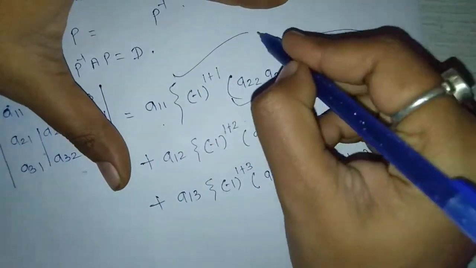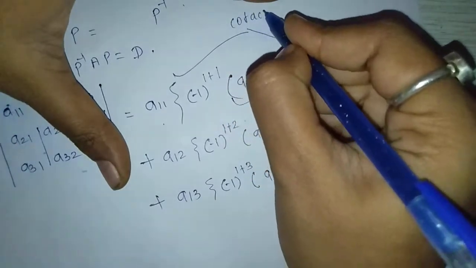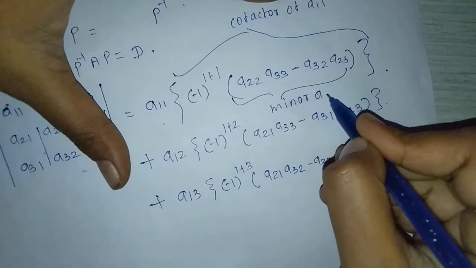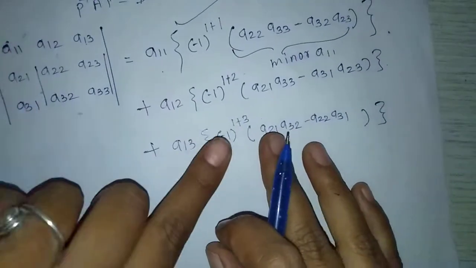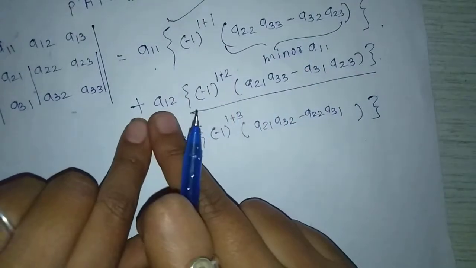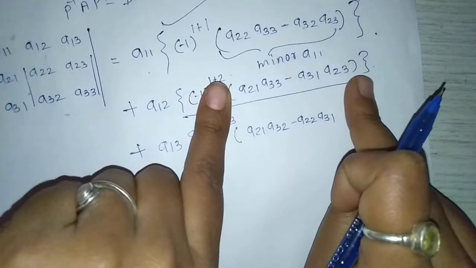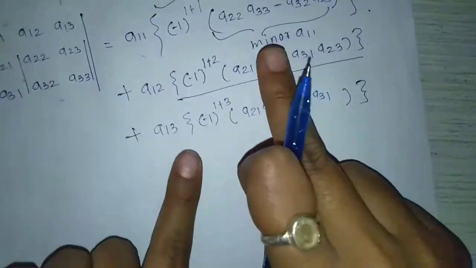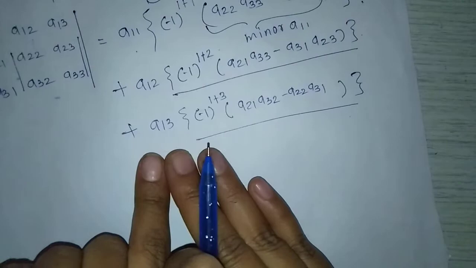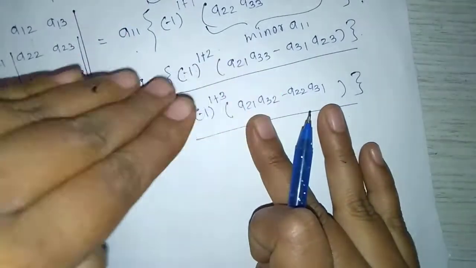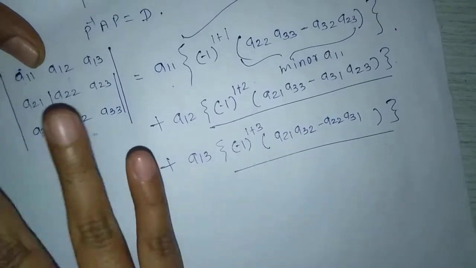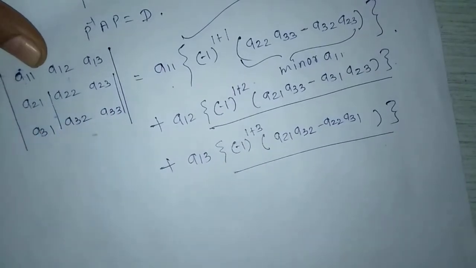Similarly, this whole part is the cofactor of A12 and this smaller part is the minor of A12. For A13, this bigger part is the cofactor of A13 and the smaller part is the minor of A13. And this formula is nothing but the determinant of this 3 by 3 matrix.